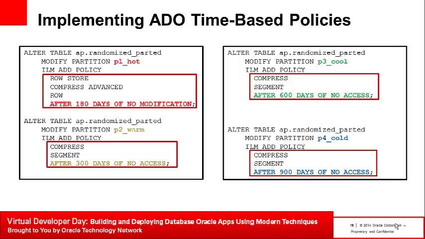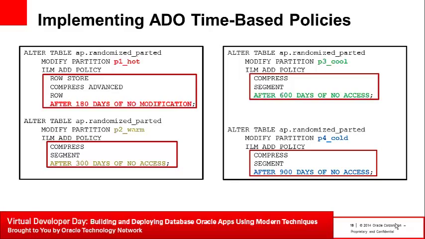But these three partitions, P2, 3, and 4, notice are leveraging simple compression. And what are our time frames? 300 days, 600 days, 900 days of no data being touched inside these particular partitions. That's what is different, as you can see, from space-based ADO.